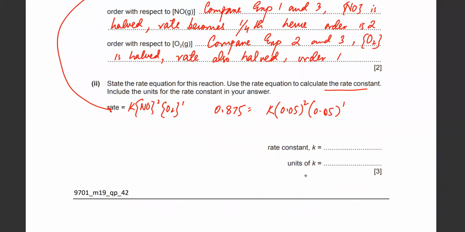तो K की value क्या आ रही है? What do we get for that? और K की unit भी निकालना है. So it's mole per dm cube per second. So rate divided by NO squared, mole per dm cube squared into mole per dm cube. अच्छा, इसका क्या है हमारे पास? What do you get for this?